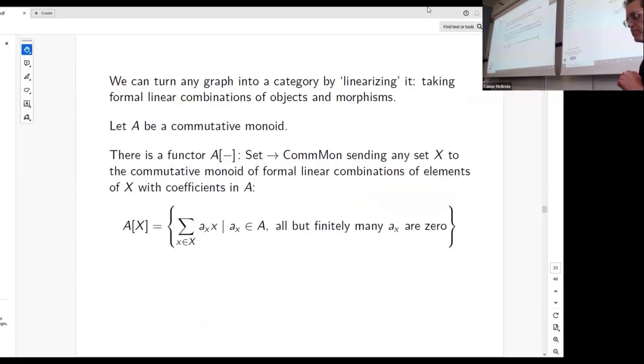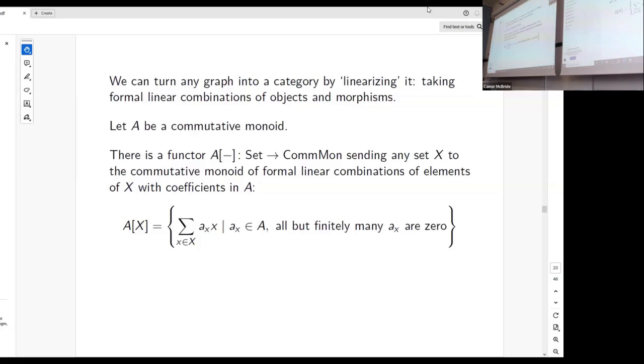But it's very simple, this generalization, because we're only thinking about the homology of a graph, and a graph is a rather simple thing. So here's how it works. You can take any graph and you can turn it into a category. I already told you one way to do that. You can take the free category on it, but this is another way. You can take any graph and turn it into a category by taking formal linear combinations of objects and morphisms.